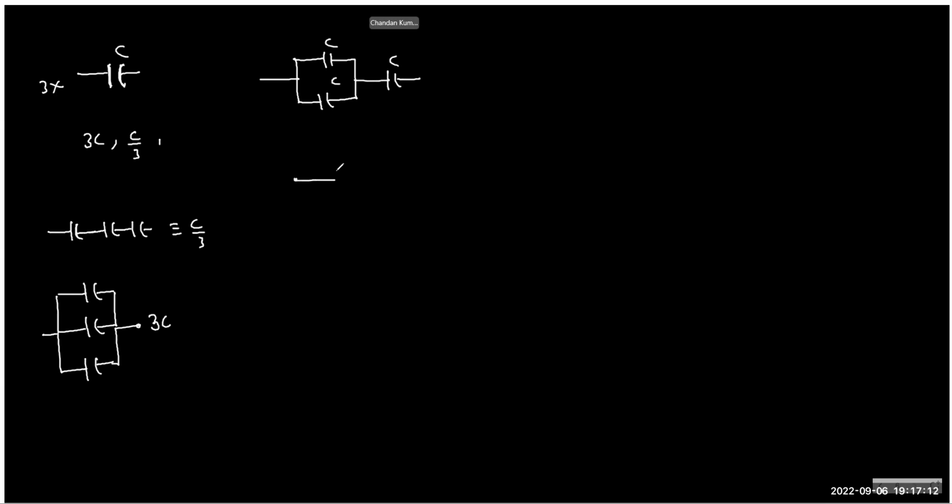How much is this? The second one is 3C by 2. Yeah, this is 3C, right? C by 2. This is how much? 2C by 3. Because the parallel will give you 2C and then 2C in series with C will give you 2C by 3. Understood?